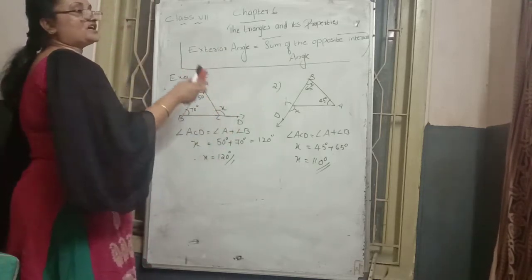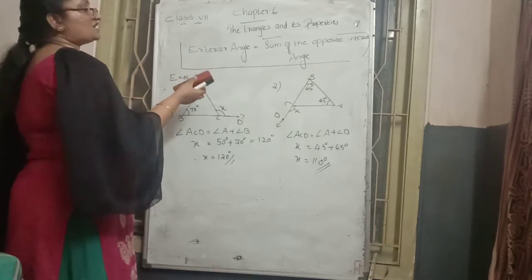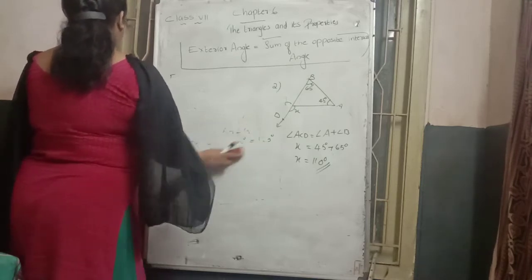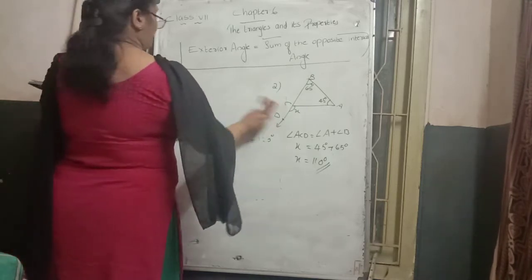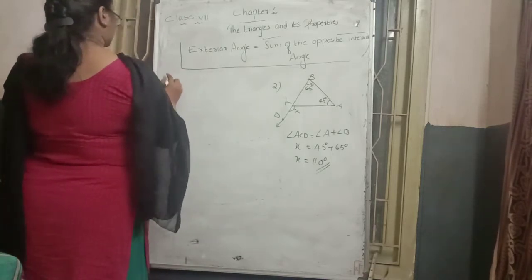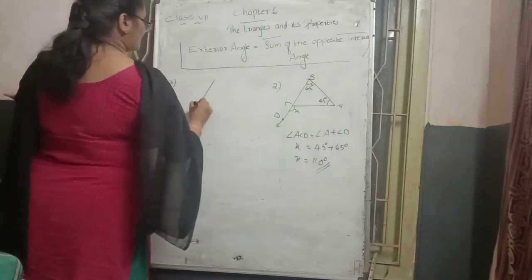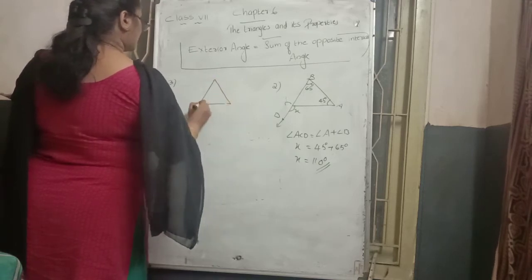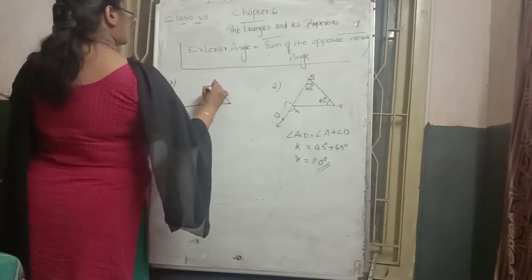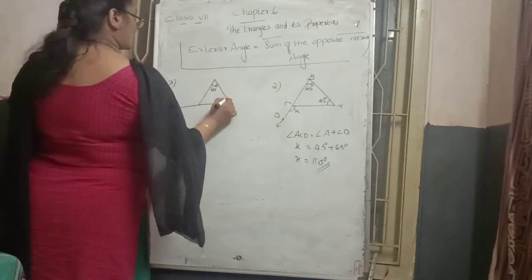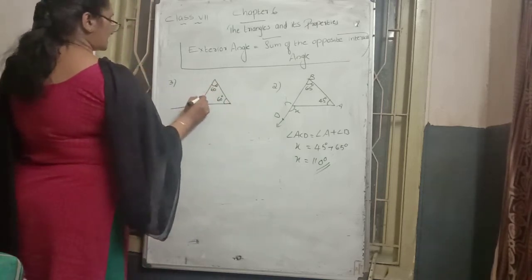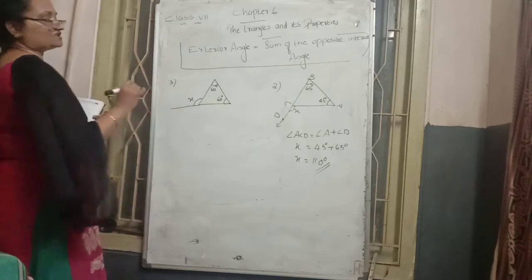This type of question asks us to find the exterior angle. Then the third question: a diagram is given with this side extended, and angles of 60 degrees here and 60 degrees there, and x marked here.